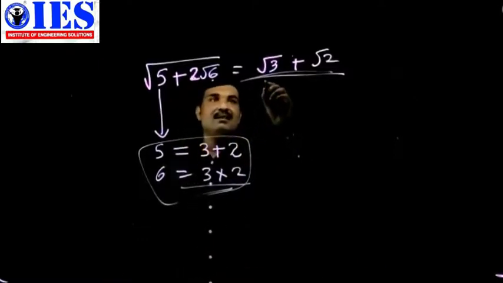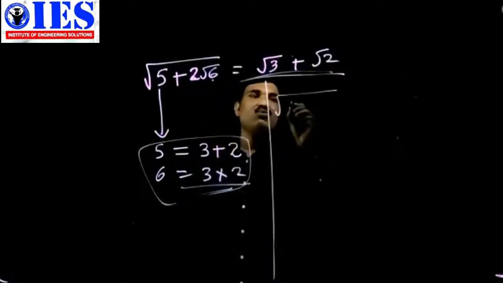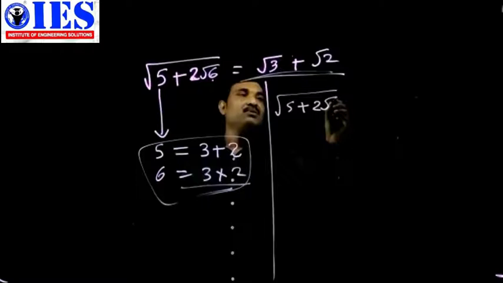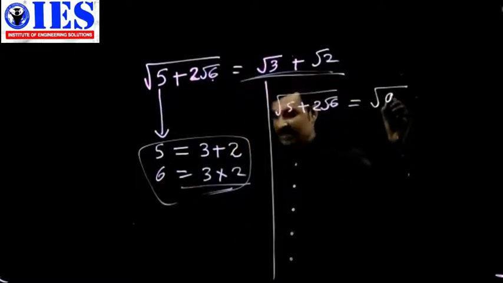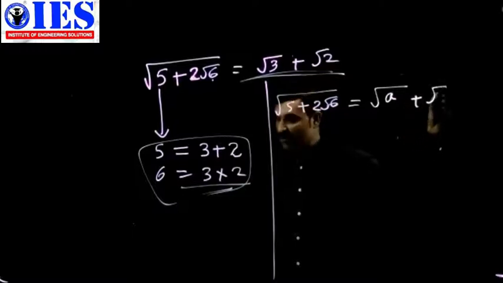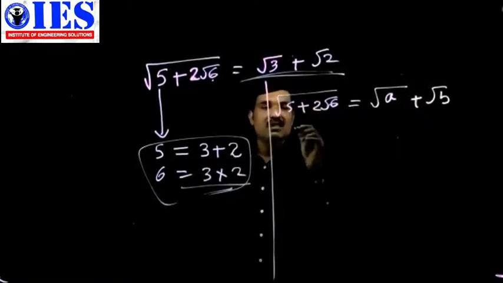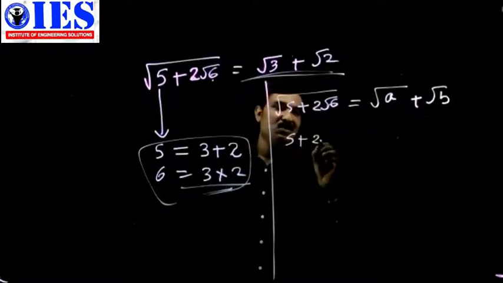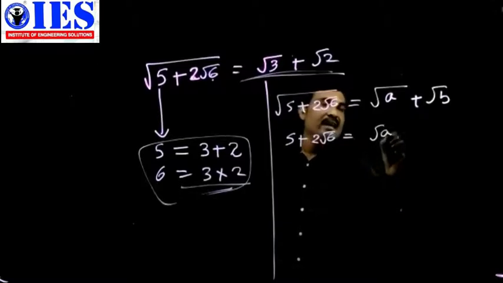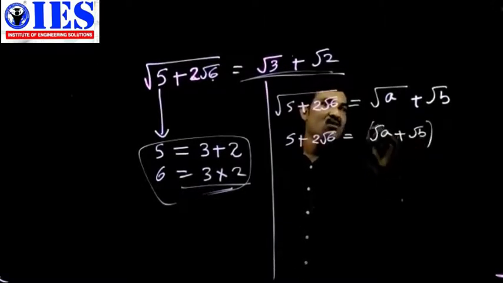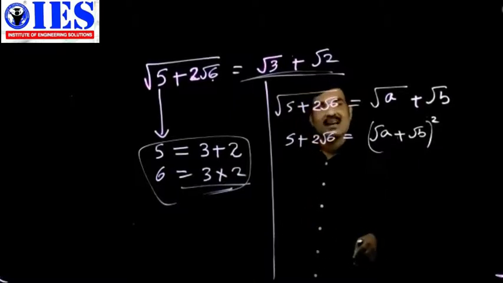The normal method for simplifying this is we can write square root of 5 plus 2 root 6 equal to square root of a plus square root of b, right? Now squaring both sides, we have 5 plus 2 times square root of 6 equal to square root of a plus square root of b, the whole square. What I did is I squared LHS as well as RHS.